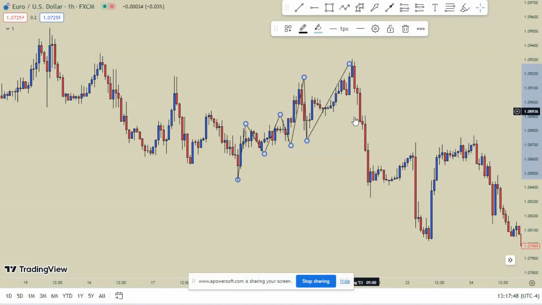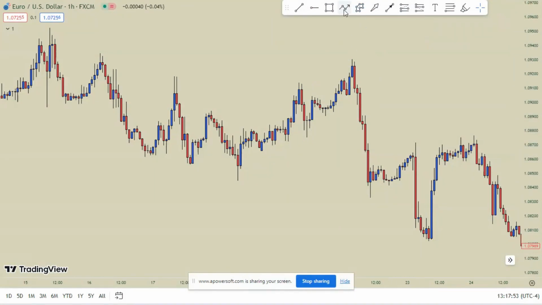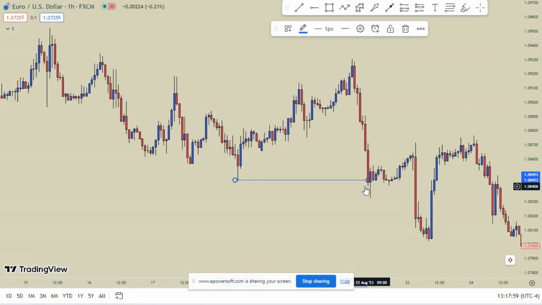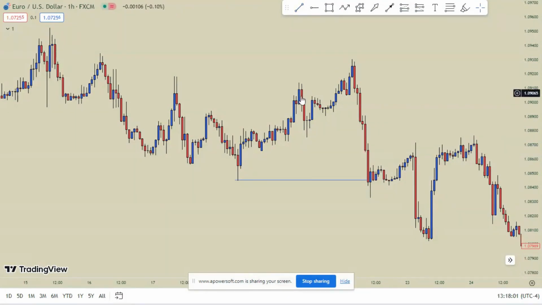So where is our swing structure? Our swing structure is this point here. So this one becomes the internal structure.